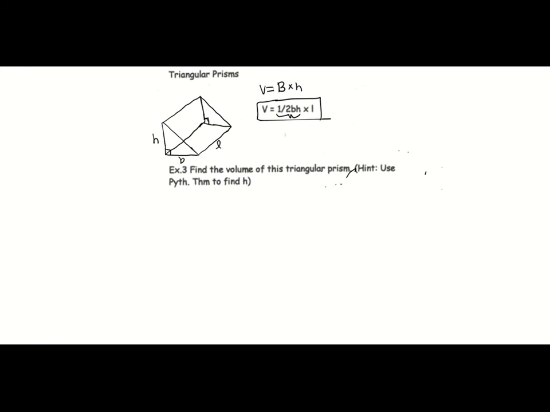So if we look at example number 3, it says to find the volume of this triangular prism, and hint, use the Pythagorean theorem to find h.